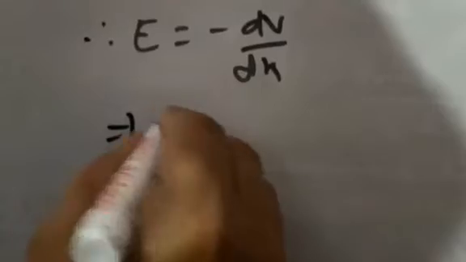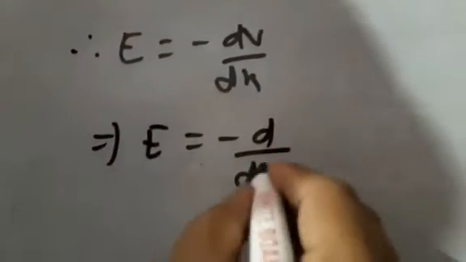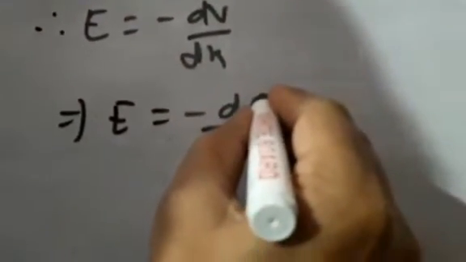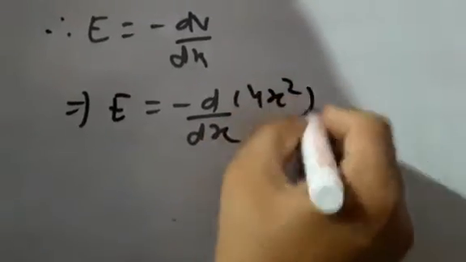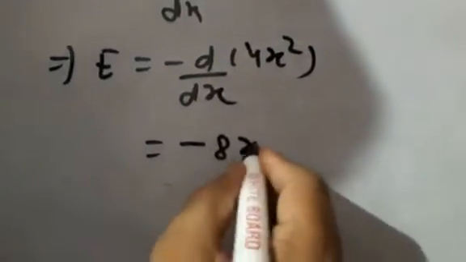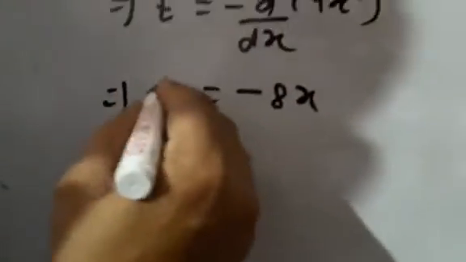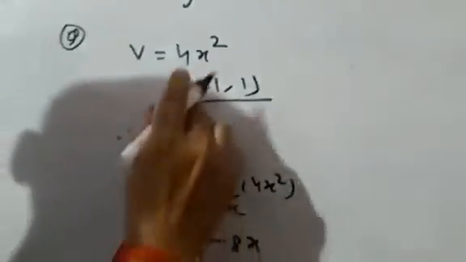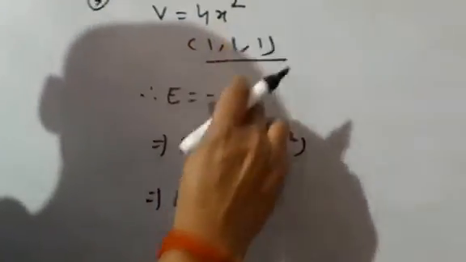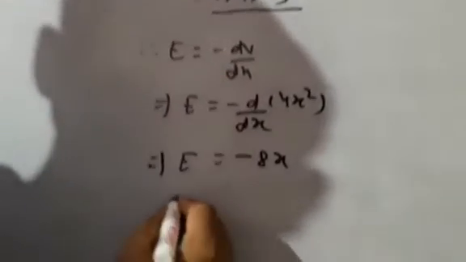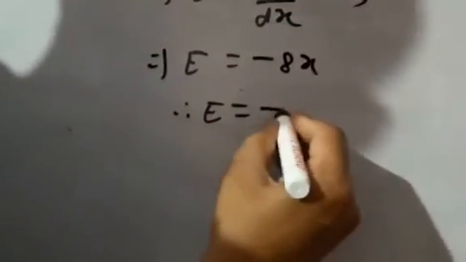That implies E equal to minus d upon dx of 4x square, that equal to minus 8x. Since coordinates 1 1 1, that means value of x is 1, therefore E equal to minus 8 Newton per coulomb.